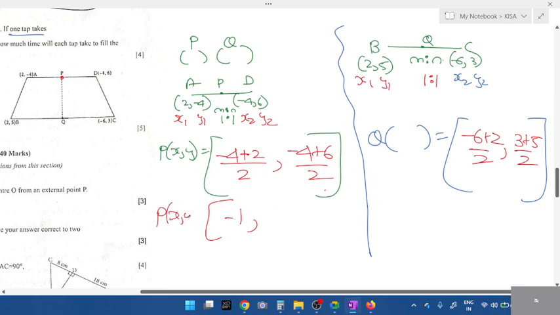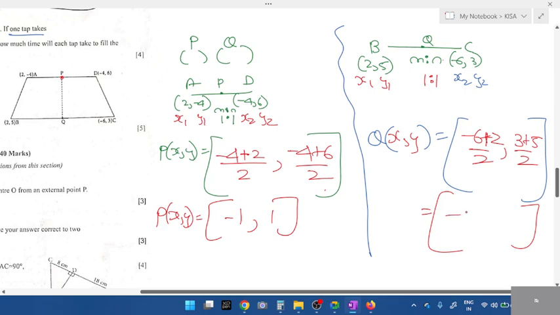P of x comma y. What did you all get? Yeah, why is nobody responding? You all told finish. Minus 1 comma 1. That is what I'm asking. Next one. Naomi, what is minus 6 plus 2?